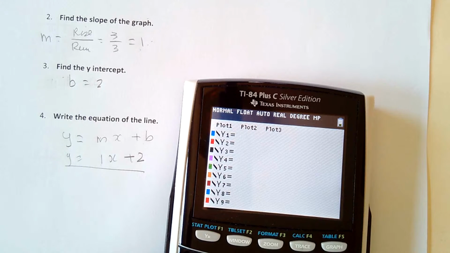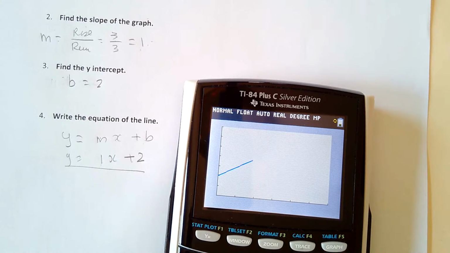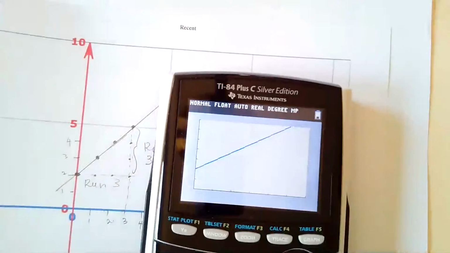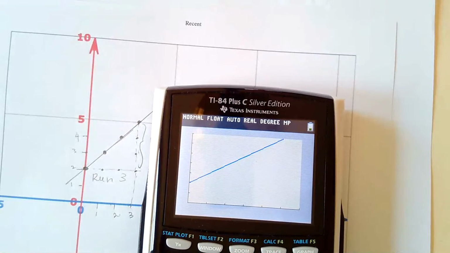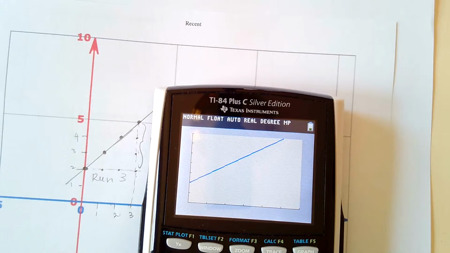You can leave it as x, but I'm just going to put it here just for emphasis. 1x, so it's your x button, plus 2. And that looks very similar, or identical, to what we do here, except it's a different scale.